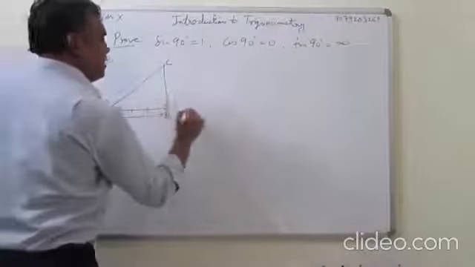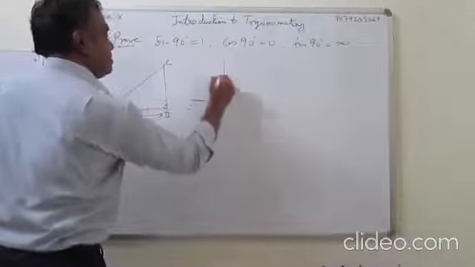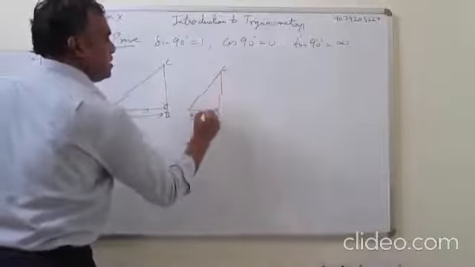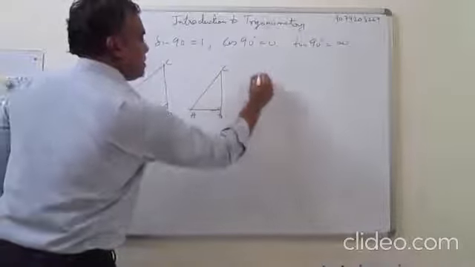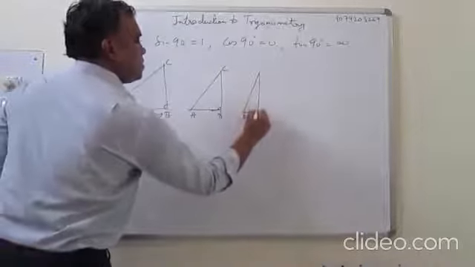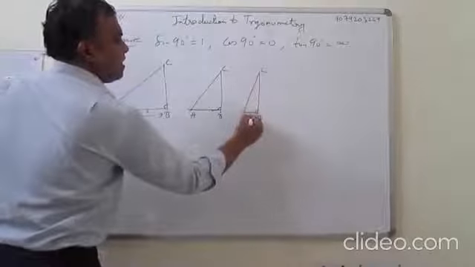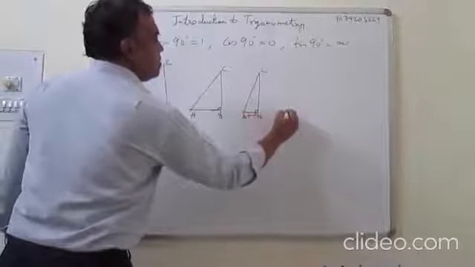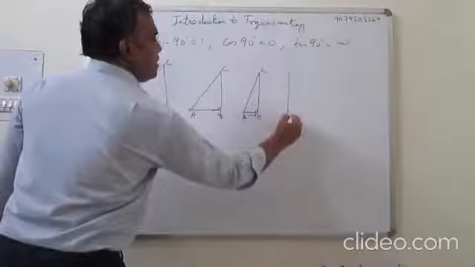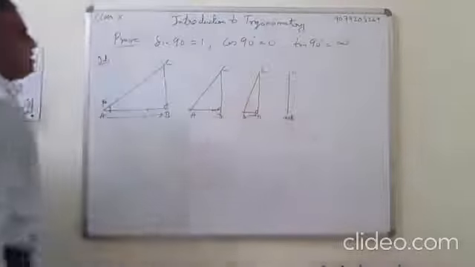It will come here, it will look like this. A, B, C. Finally it will come here, and it looks like this: A comes at B, and C is as it is.